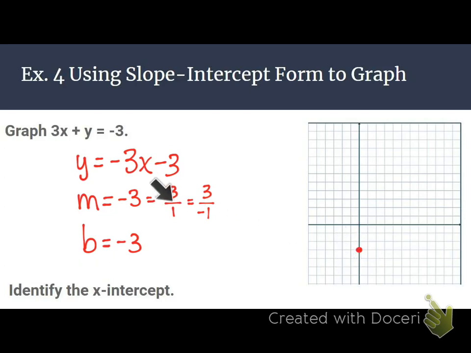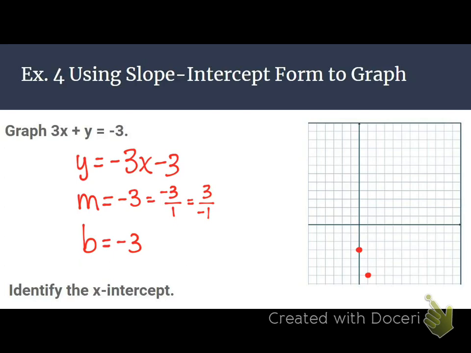Down 3, and then my run is positive 1, so I would go which direction? To the right one. If instead I want to make my rise a positive 3, I would go which way? Up 3, and then my run is negative, so I go left 1.